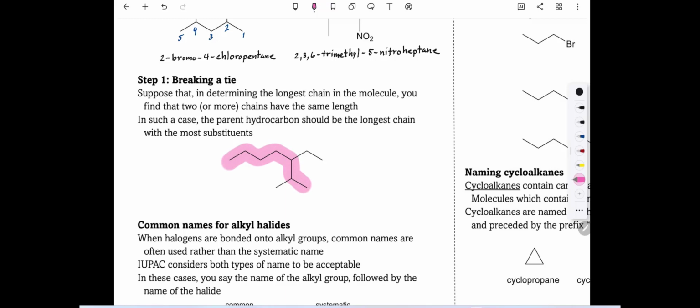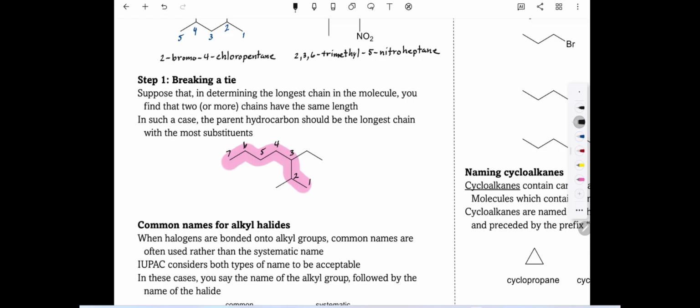Because it would have 2 substituents. It has a methyl and an ethyl. So we're going to go ahead and number in the direction that gives us the lowest possible number on the first substituent, and that's definitely going to be from the bottom right there. So we have 1, 2, 3, 4, 5, 6, 7.